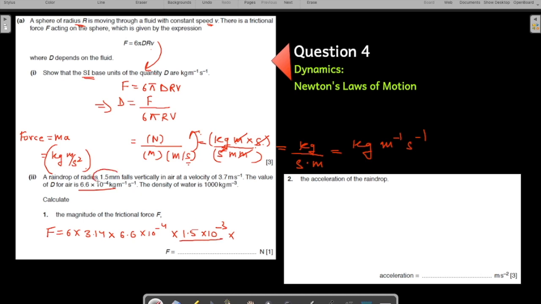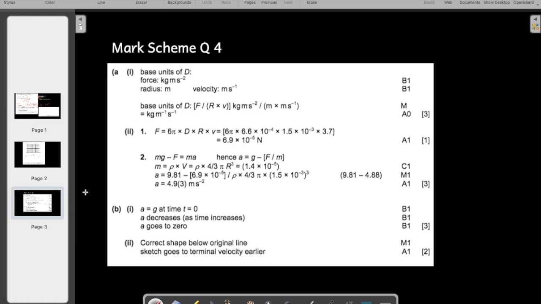This thing is equal to this, times v. How much is the velocity? 3.7. Now this is an easy question, so it is a 1-mark question. All you have to do is use your calculator, multiply the numbers and see if you're getting the answer as this. 6.9 times 10 to the power minus 5.